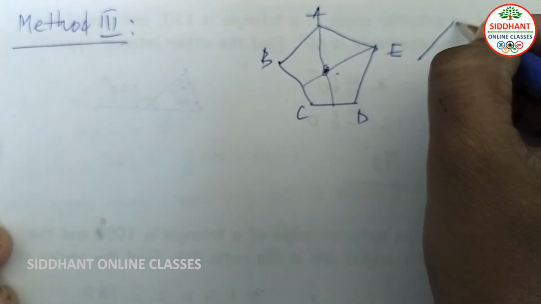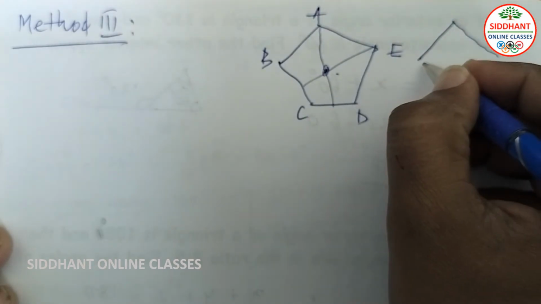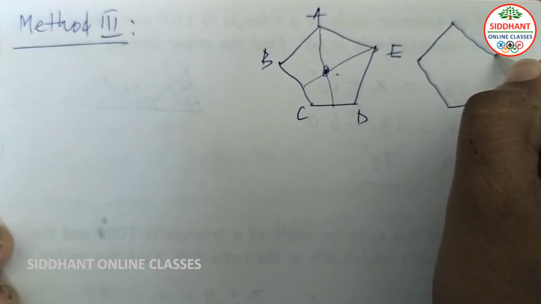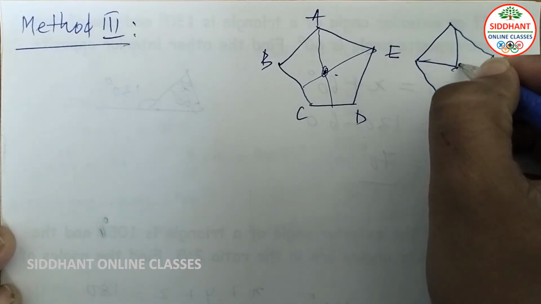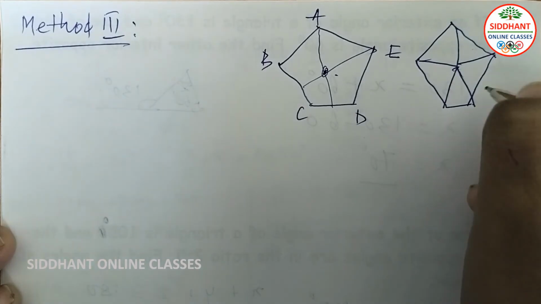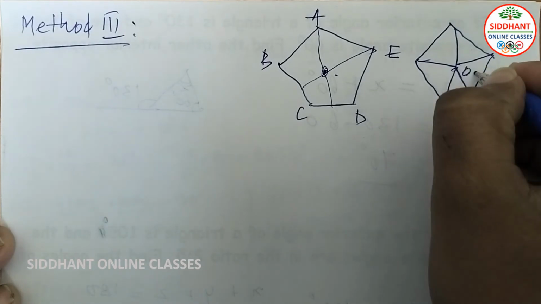Afterwards, we form triangles with this centroid, so let the centroid be O here.